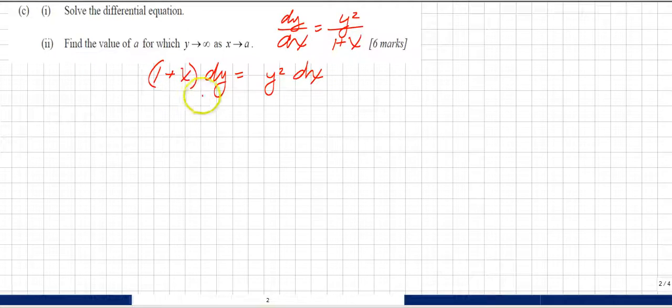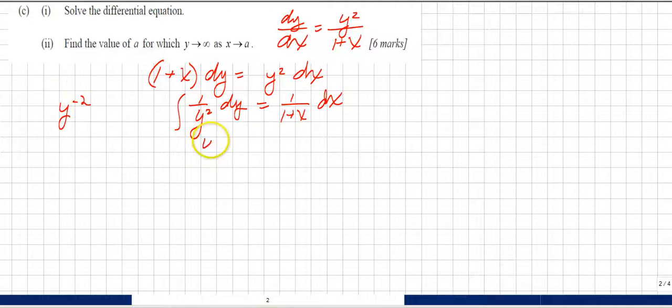So this becomes 1 over y squared dy equals 1 over 1 plus x dx. At this point, we just integrate both sides. If you integrate the left side, you think of 1 over y squared as y to the negative 2.